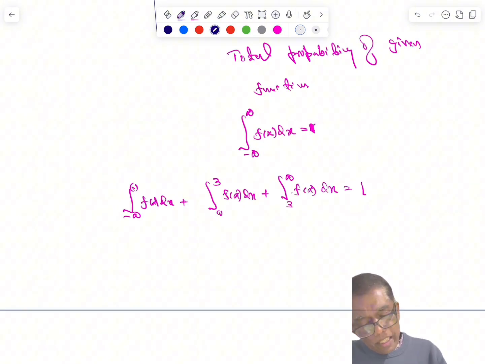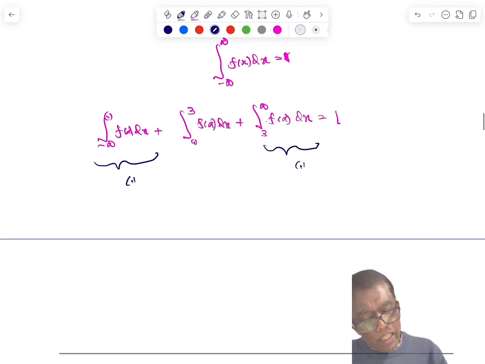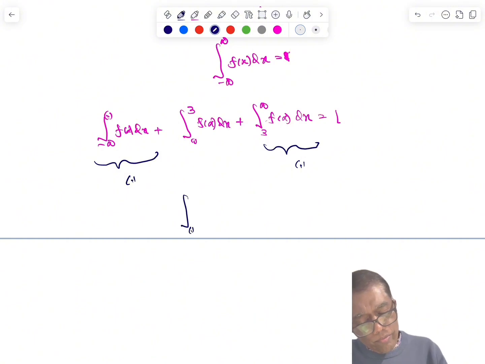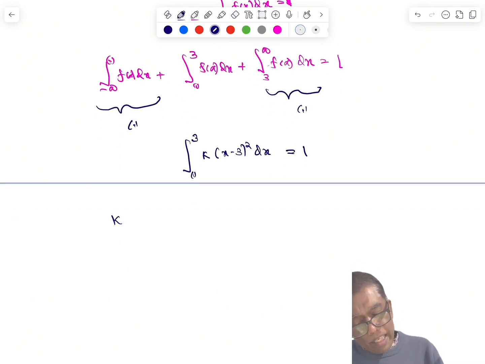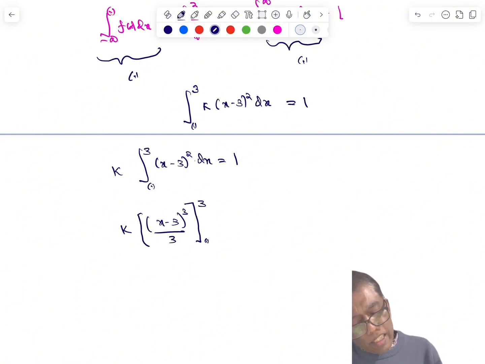We know the first is equal to 0, and this side also equal to 0. So from 0 to 3, f of x can be written as the integral of k times (x minus 3) squared dx equal to 1. K can be taken out. The integral from 0 to 3 of (x minus 3) squared dx equals 1. This can be written as k times (x minus 3) to the power of 3 over 3, from 0 to 3, is equal to 1.